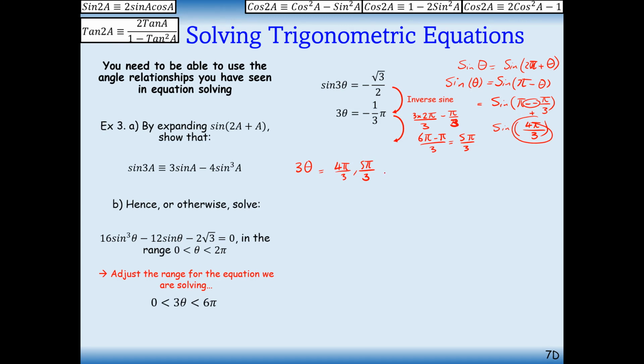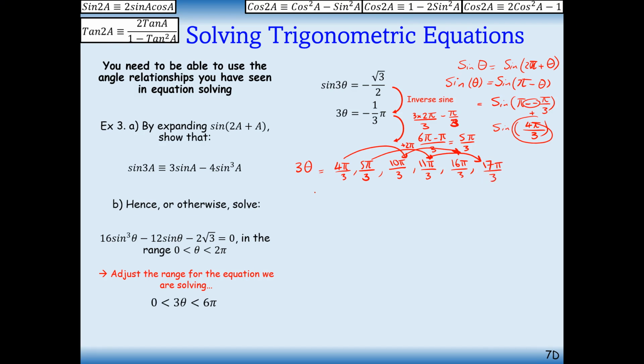Now we can continue and add 2 pi to each of these values. Because the denominator is 3, adding 2 pi means adding 6 pi to the numerator, so we'll have 10 pi over 3, 11 pi over 3. Adding another 2 pi to each of these values will leave us with 16 pi over 3, and adding 2 pi to 11 over 3 will give us 17 pi over 3.